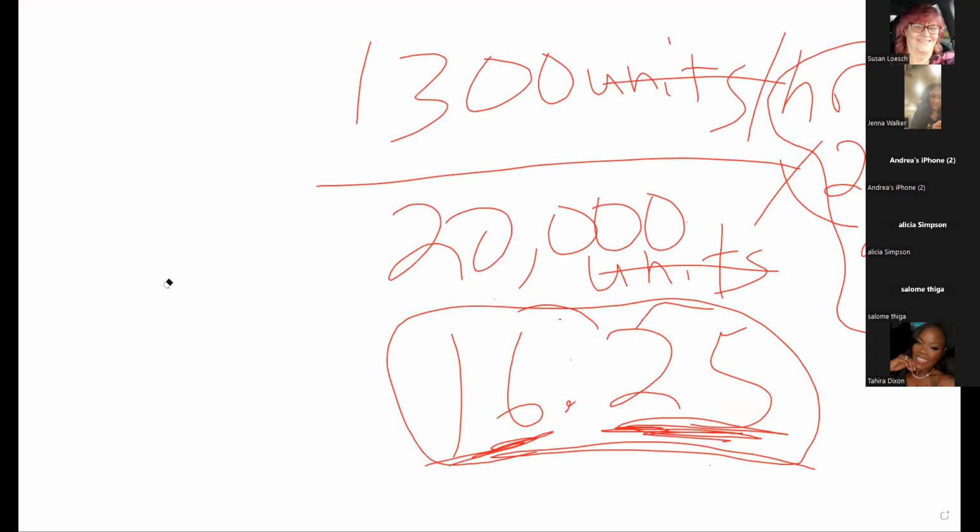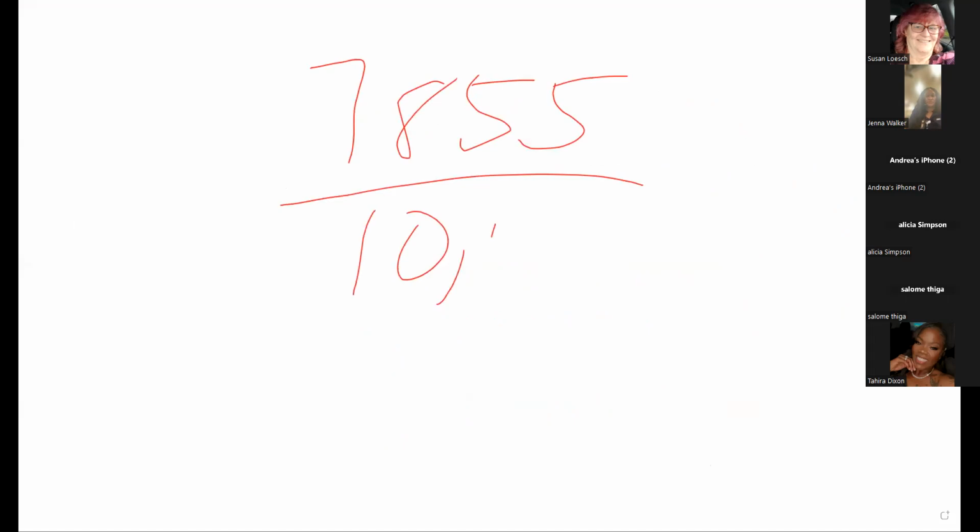Okay. So this formula would have just been the 7855 divided by the 10,000. And that should have given you 0.7855, right? Mm-hmm. And if you're giving this injection, normally we would round this to the nearest tenth, so what would the answer be? 0.8. 0.8, correct.